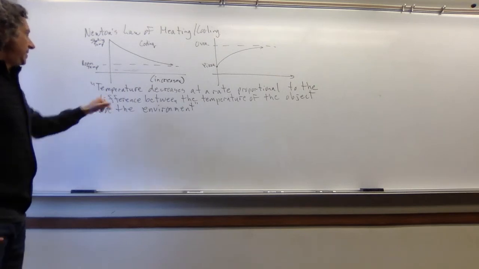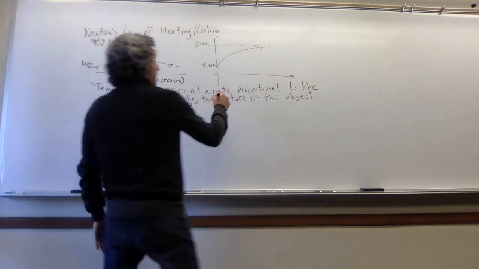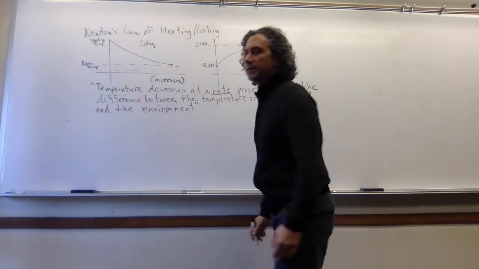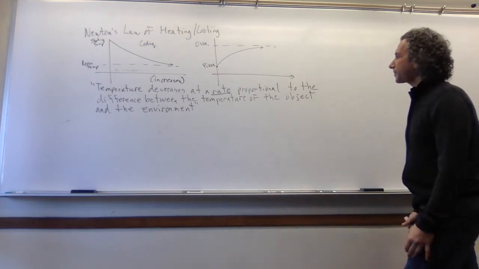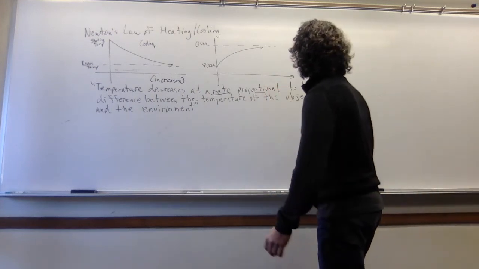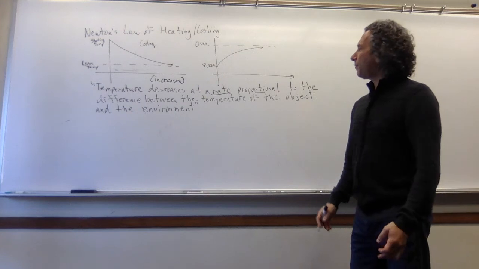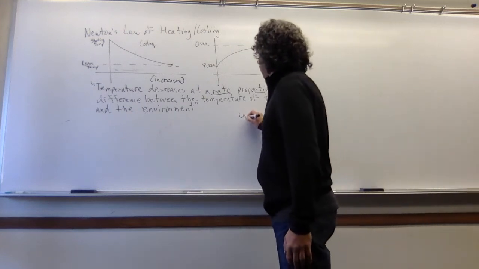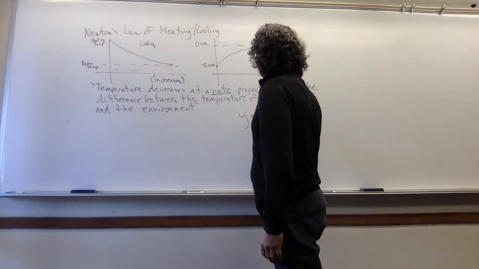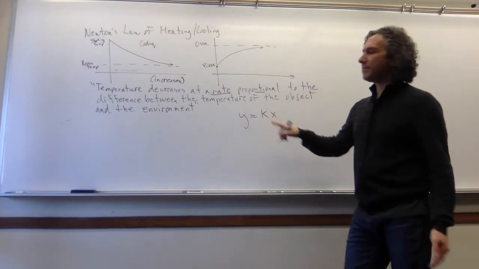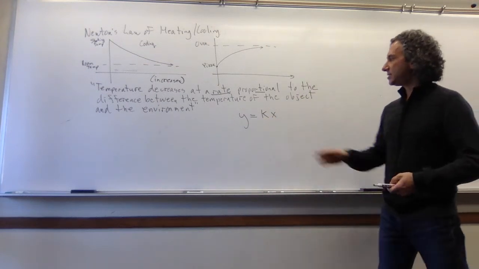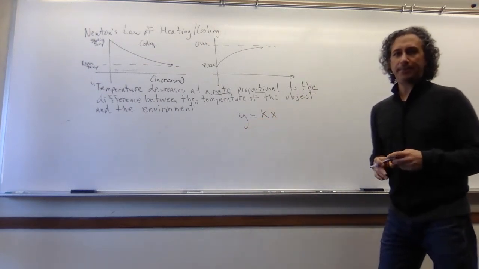So what does that mean here? So decreases at a rate, so that's going to be some sort of derivative. What the heck does proportional mean? Well, proportional, if x and y are proportional, then that means mathematically that there's some constant k such that k times x equals y.